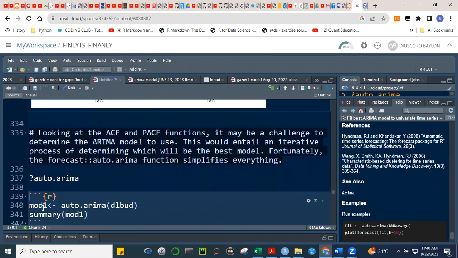So we're creating this object called mod1, model1, and then we're using the auto.arima function, and then we ask R to get the best ARIMA model for the log returns of BUD or DL-BUD. And then we ask R to summarize it. Okay, so let's run this.